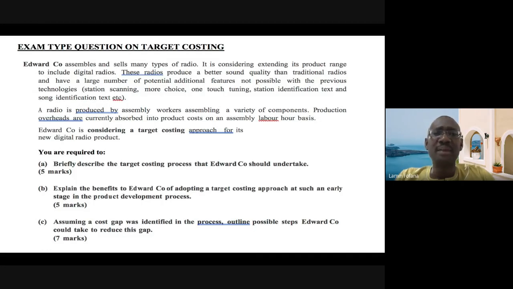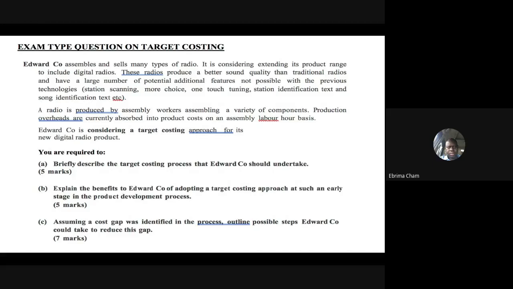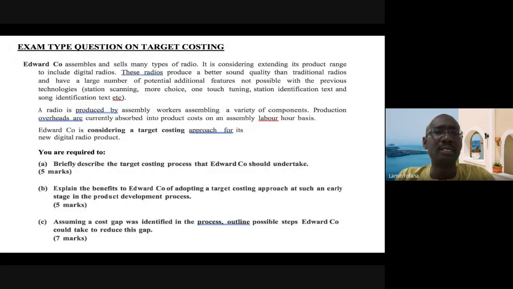So briefly describe a target costing process that Edwards Company should undertake. Edwards Company is dealing in what? Okay, what is their product type? It's dealing in radios. One can say traditional radios.